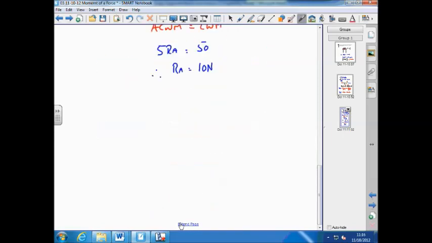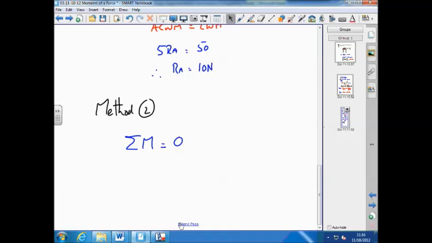Let's put that underneath. I'm not going to do the whole thing, so this is method 2. It really just comes down to convention. If we look at this beam, we could say that the sum of the moments is 0.